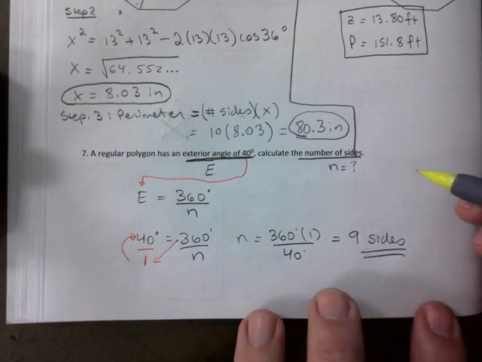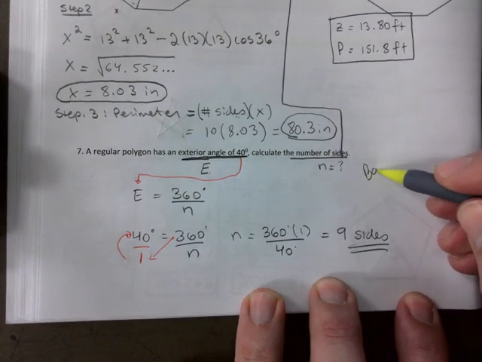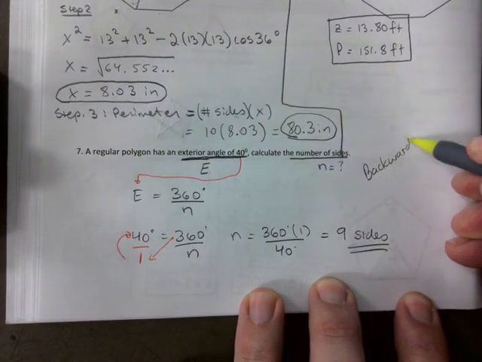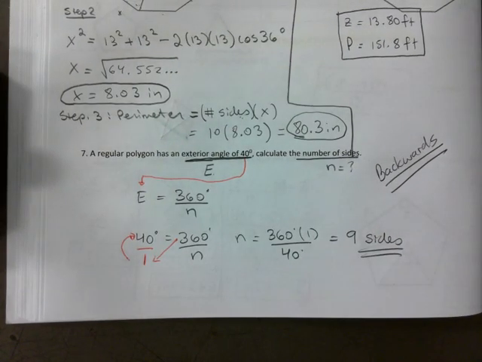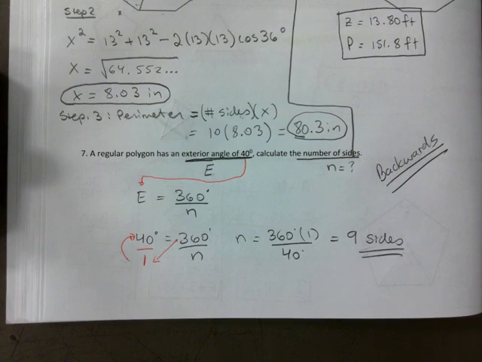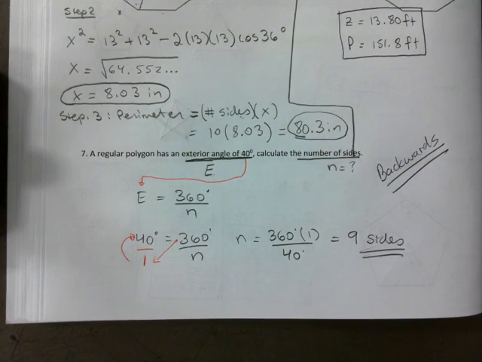Can you put this somewhere here? This is a backwards example where you go from the angle to the number of sides. So this is kind of what I would expect you to do. If you're going to guess, you can guess, but you're not going to get the marks. I need to see the steps.